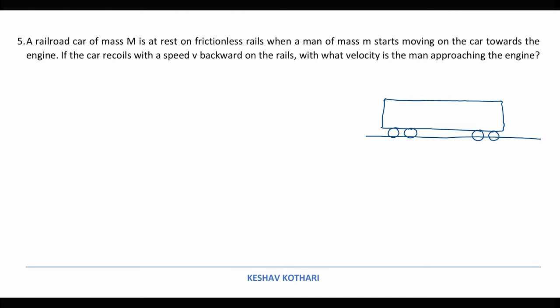And the problem is stating that a man who is standing on one end starts walking towards the engine, which I am marking over here as E. So the mass of the railroad car is given to us as capital M, which is initially at rest, and the mass of the man is equal to small m, who starts moving on the car towards the engine, and as a result of which the recoil speed of the car is v in the backward direction. So v is the recoil velocity of the rail in the backward direction. The problem is asking with what velocity is the man approaching the engine.